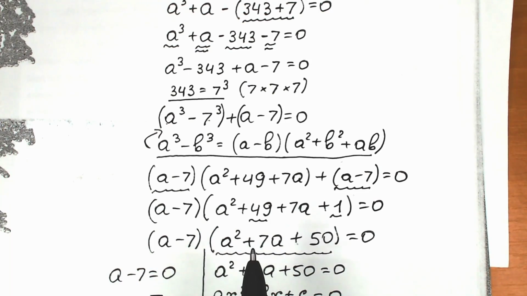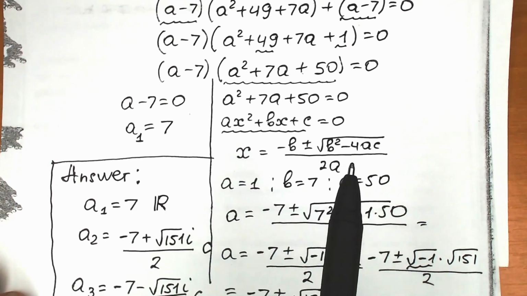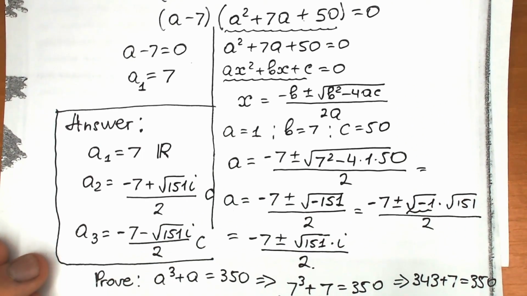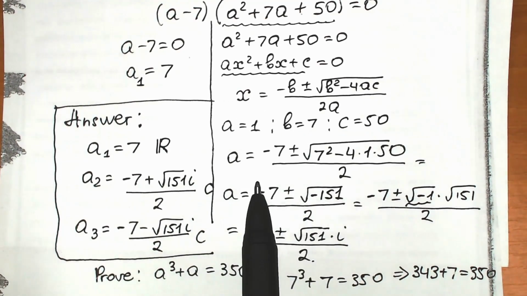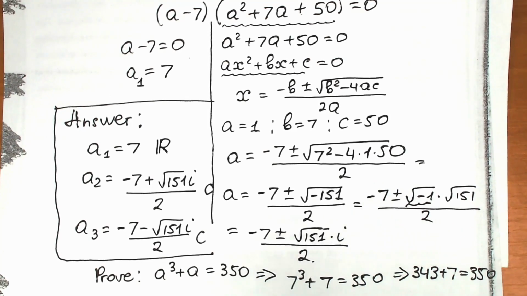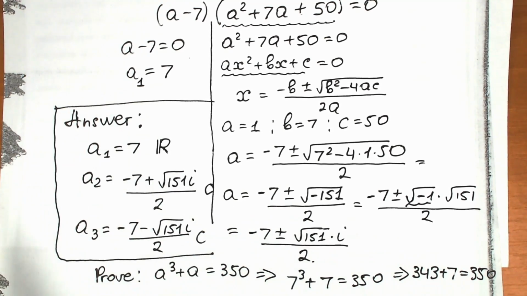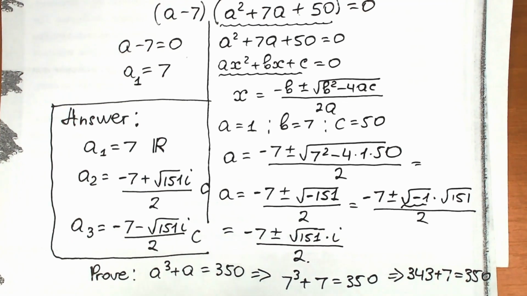Now the first parenthesis equal to 0, and the second parenthesis equal to 0, but in the second case we have complex roots, because our discriminant is negative. This is our full solution. There are no more roots, no fourth root, no fifth root, only 3 roots: 2 complex roots and 1 real root, the real number 7. As you can see, this root works really great because it's the correct expression.